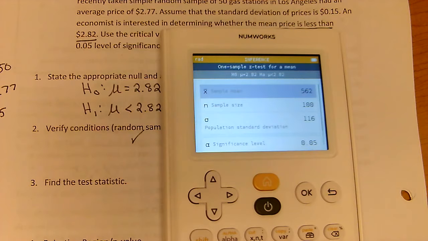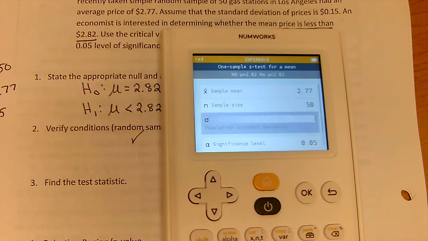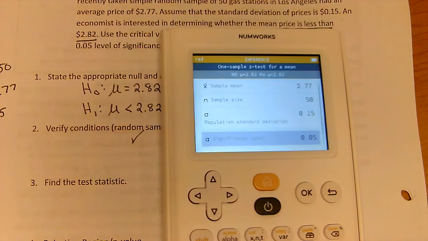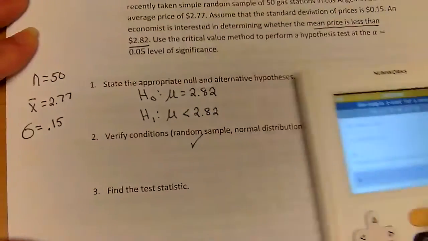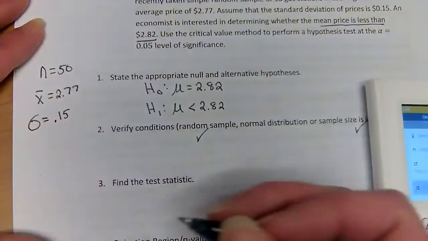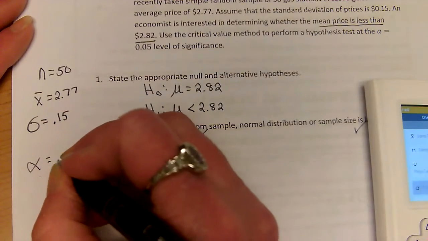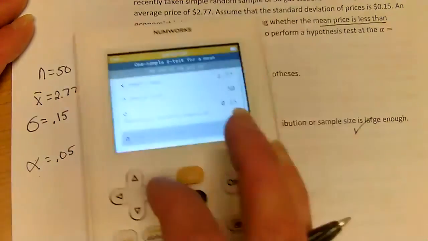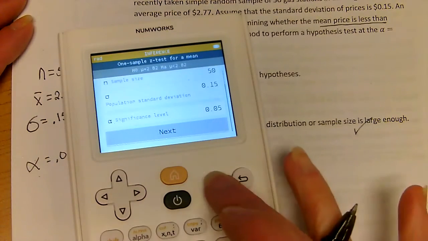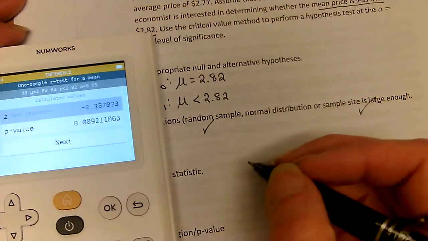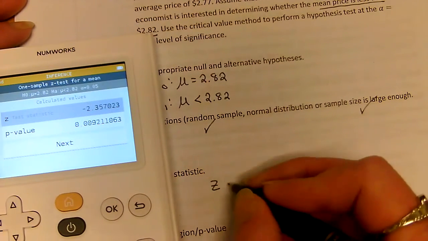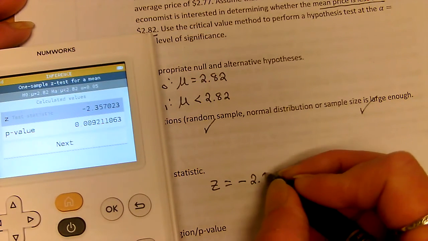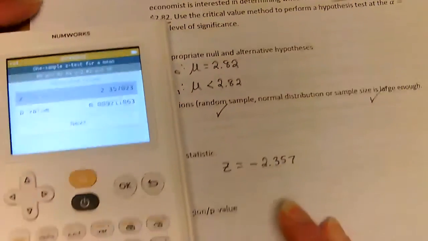And my mean was 2.77, sample size of 50, population standard deviation is 0.15. Oh, I need my alpha. Oh, cool, it gave it to me. Alpha is 0.05, cool. So I'm going to go to next. It gives me my test statistic, negative 2.357. That's pretty far to the left.